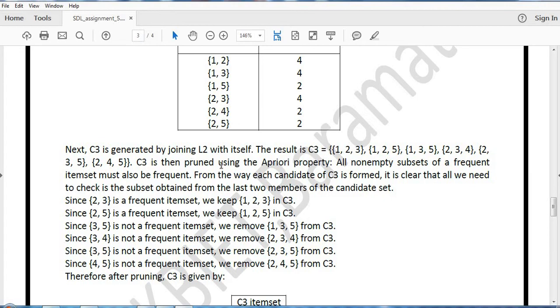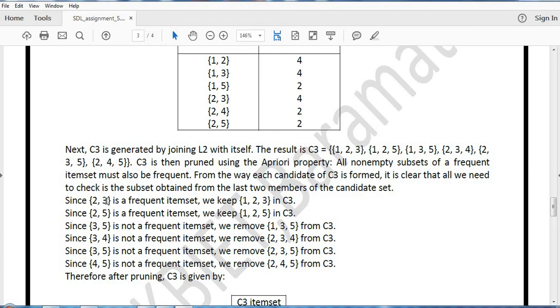C3 is then pruned using the Apriori property: all non-empty subsets of a frequent item set must also be frequent. So whatever subset you get, that should also be frequent. From the way each candidate of C3 is formed, all we need to check is the subset obtained from the last 2 members of the candidate sets.